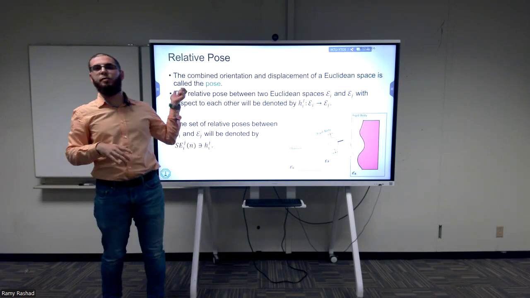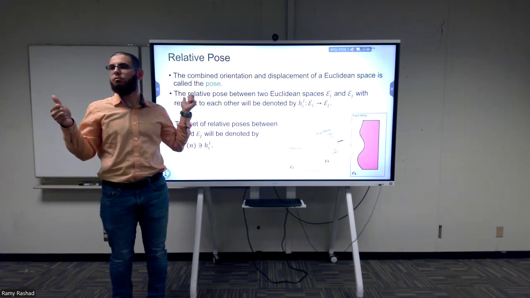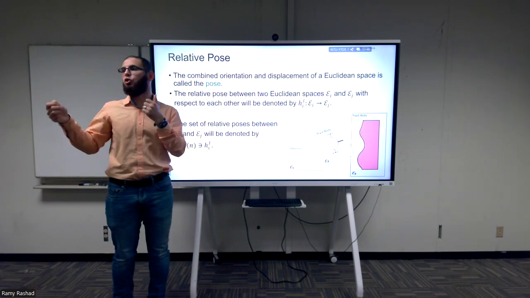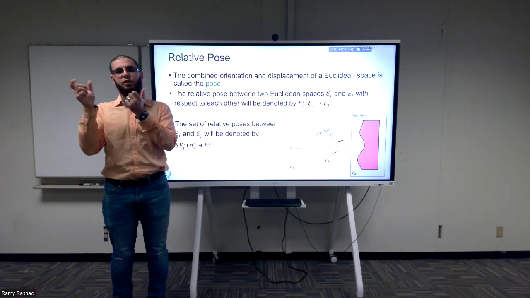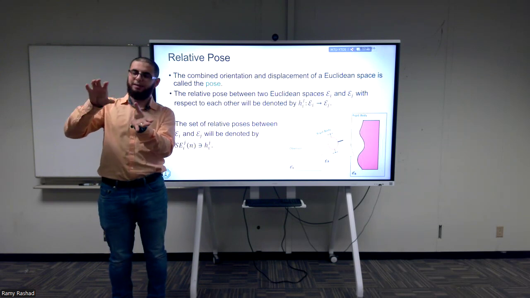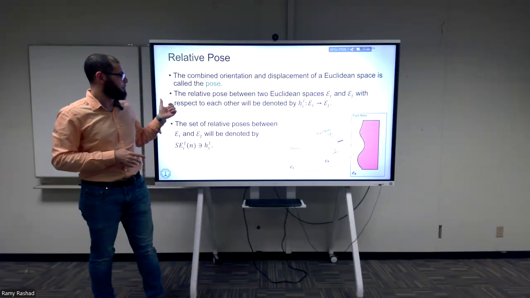The term pose, are you familiar with the term pose? P-O-S-E? Okay, so you're familiar with position, orientation, both of them combined is called the pose. So when we say the pose of a rigid body, we mean just one word to say rotation and translation, sorry, orientation and displacement at the same time, position and orientation.